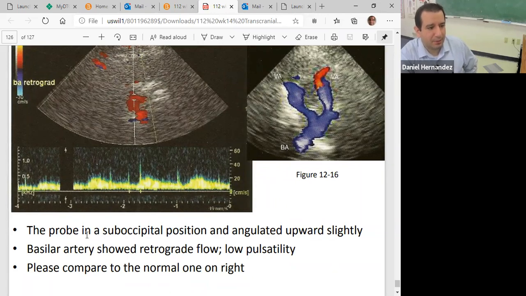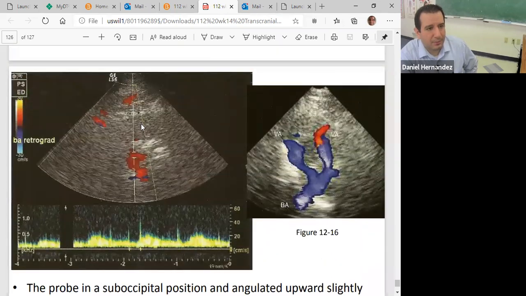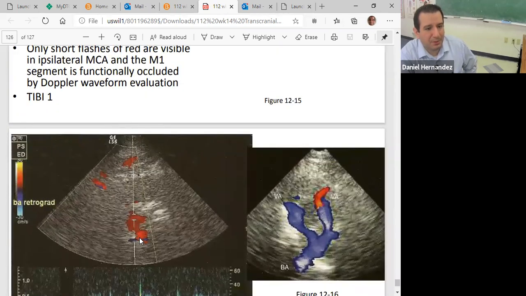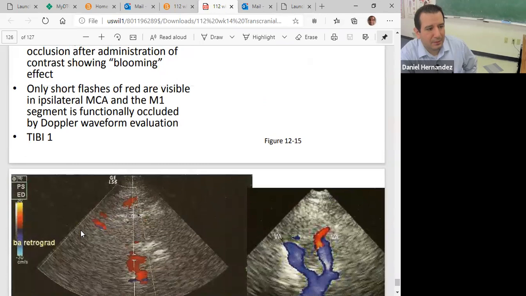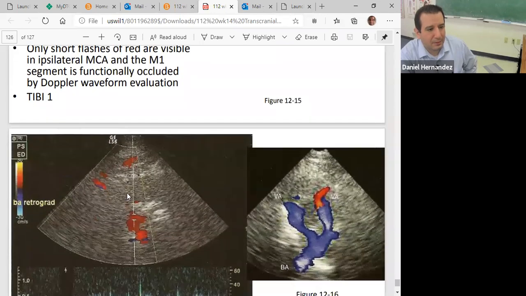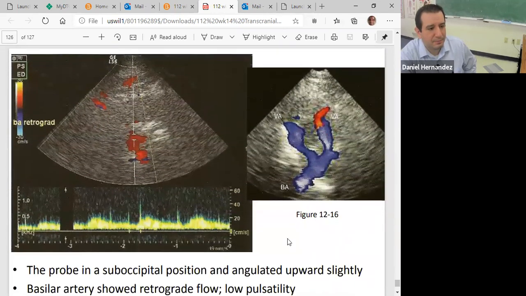And the left middle cerebral artery is normal. This is an example of the probe in the suboccipital position, angulated slightly upward. With the probe suboccipital, blood flow should be away from the transducer, but here we're getting red, which is retrograde blood flow above the baseline.